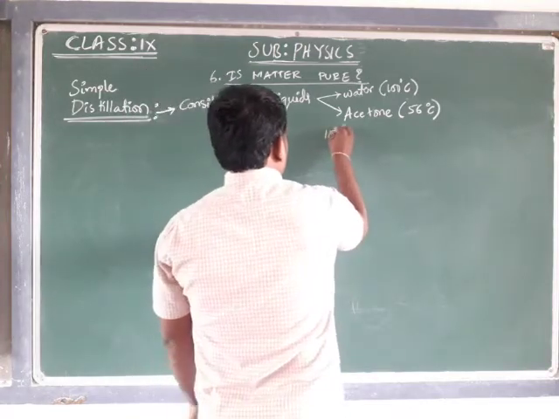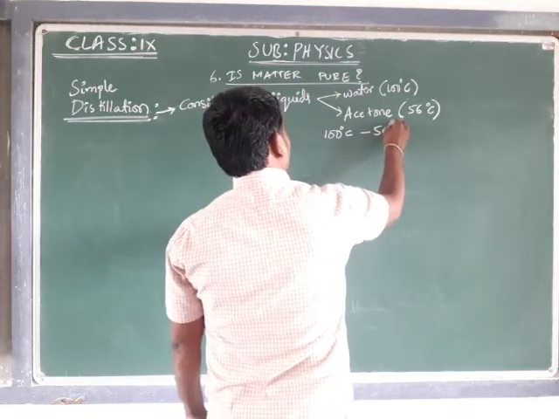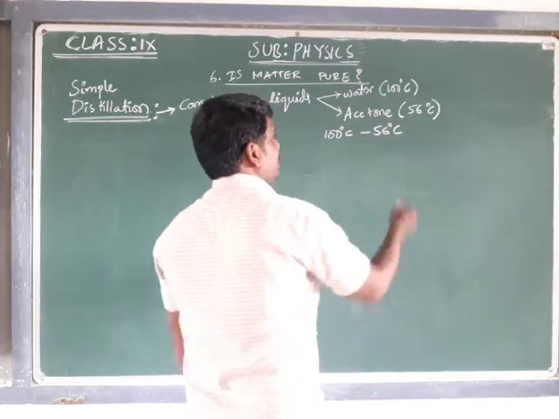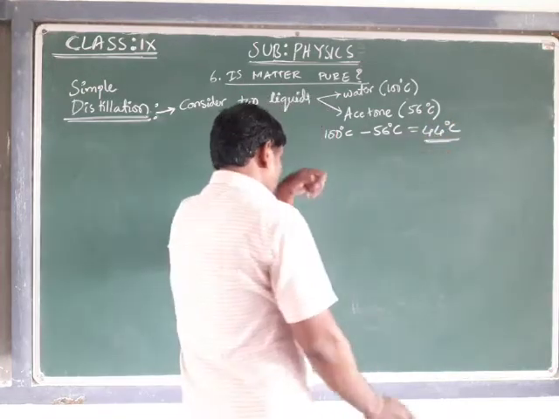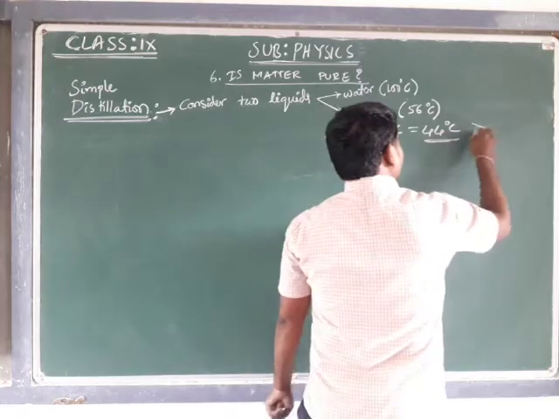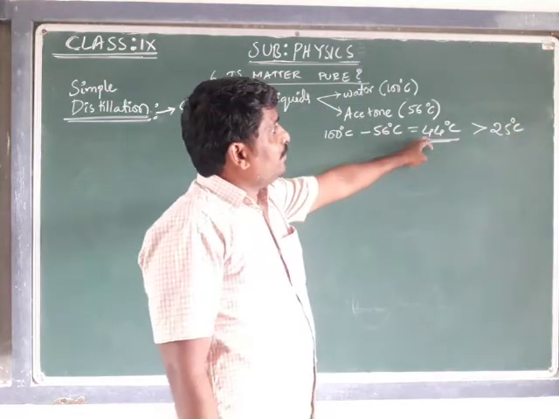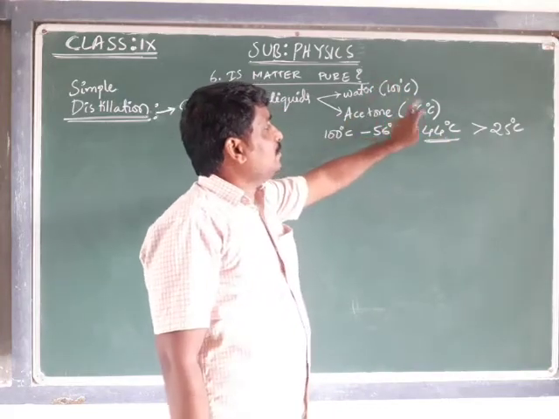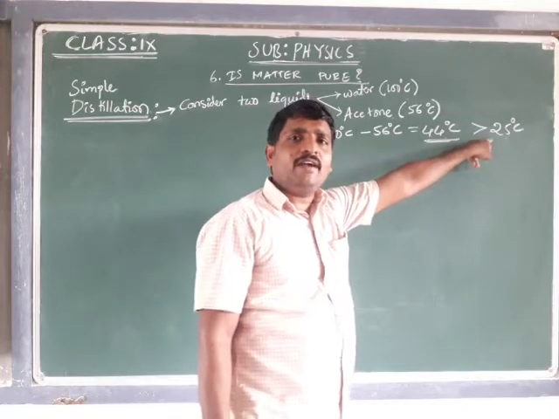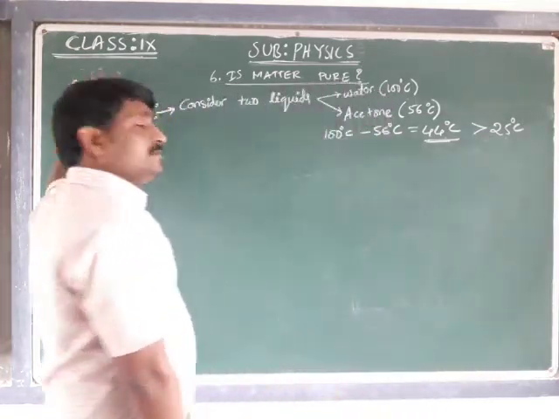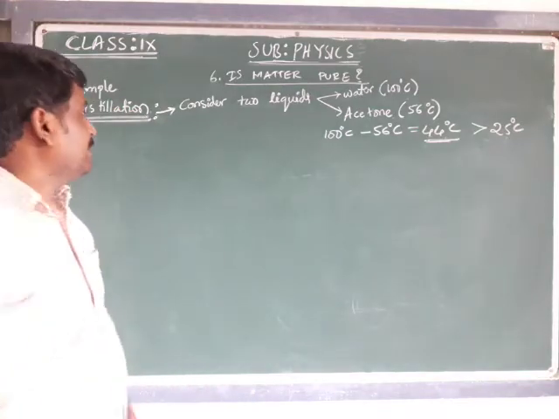The boiling point of water, 100 degrees Celsius, minus the boiling point of acetone, 56 degrees Celsius, is 44 degrees Celsius, which is greater than 25 degrees Celsius. That means we can use the simple distillation process. Now we will see how the process is executed.